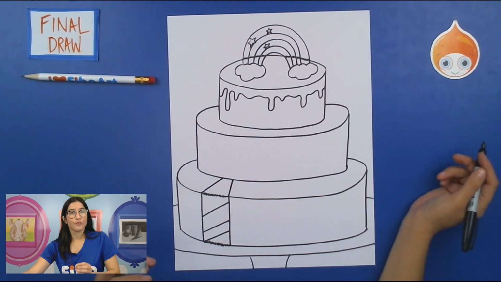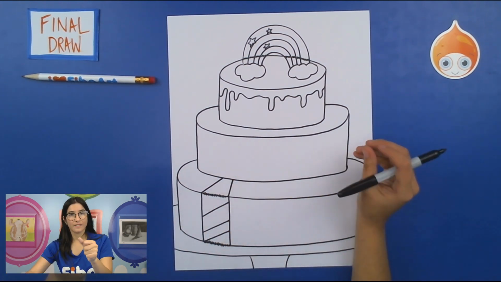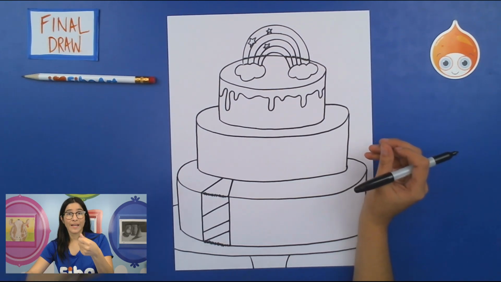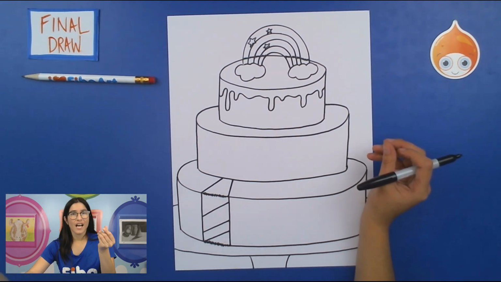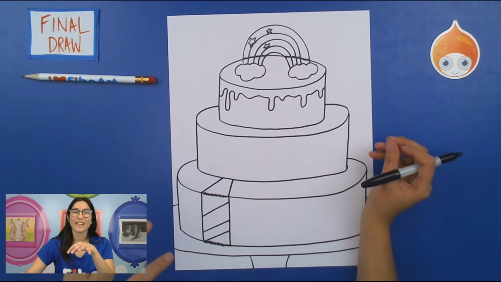Sometimes with frosting, you have different tips from the tubes that you dispense the frosting with, and the tips can be like star tips or they have different tips. So whatever tip that you have, sometimes that creates a different look for your frosting.